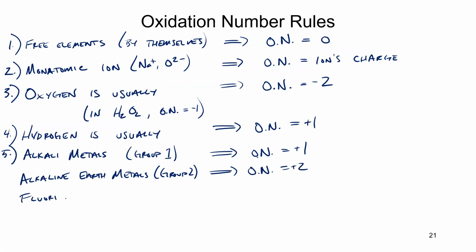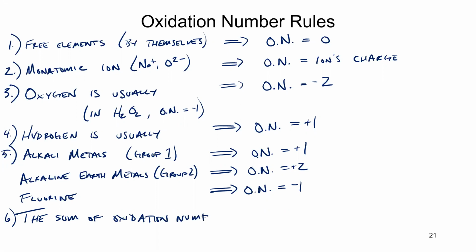Fluorine, not all of the halogens, but just fluorine, has an oxidation number of -1. Okay. And the last rule here is not a specific oxidation number rule, but the sum of all oxidation numbers equals the overall charge on the compound or the ion.